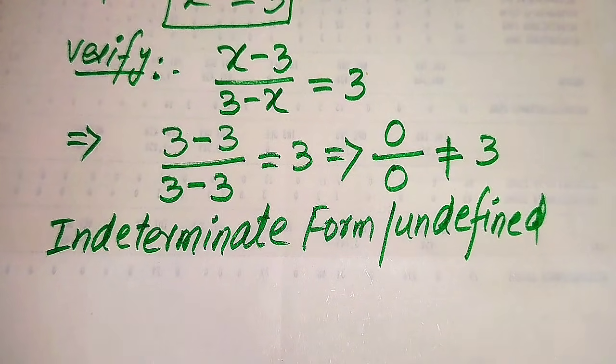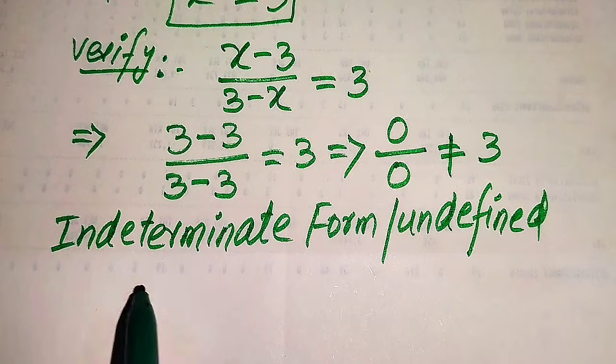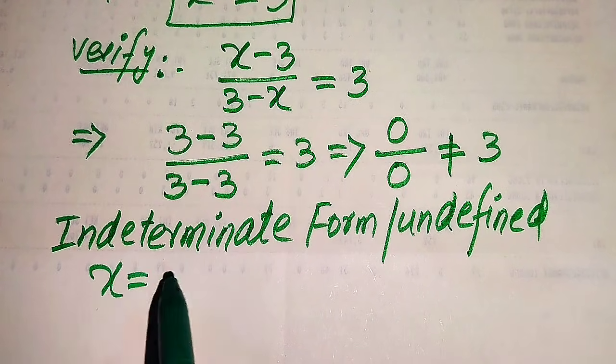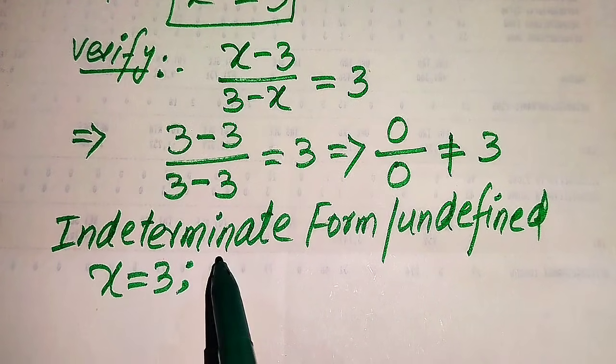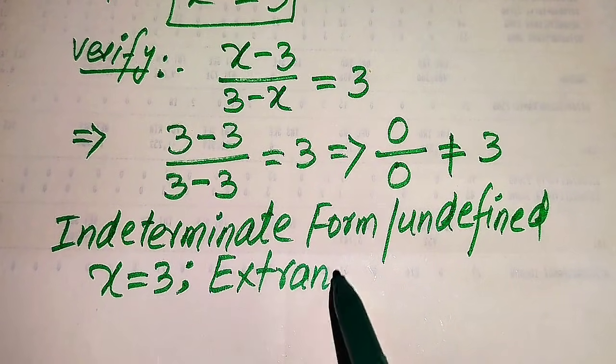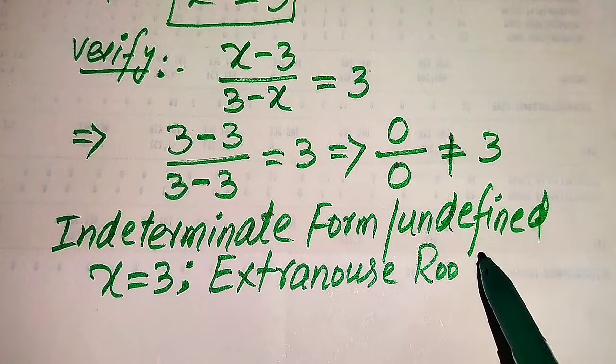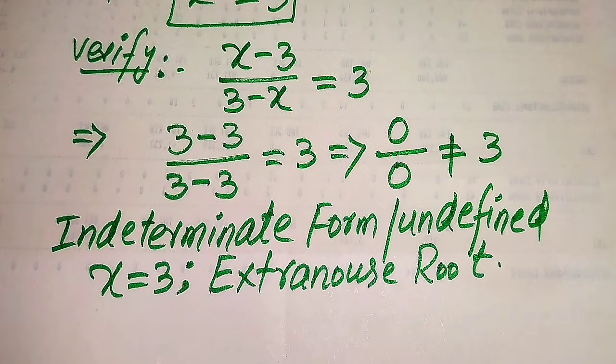If both sides are not equal, this concludes that the value x equals 3 does not satisfy our given question statement. So we call x equals 3 the extraneous root of the given equation, because it does not satisfy our given question statement.